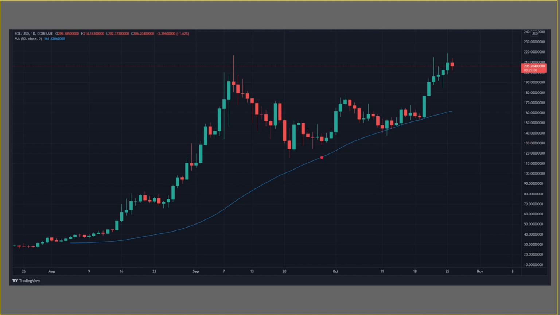At the same time, the 50 MA, or the 50 moving average, was about 120, because it's factoring in all of this data, the previous 50 candles before this, right? The average price is probably around here, give or take, because we have these lower prices here and these higher prices here. We're taking an average of this whole sample size, and then it is plotted on a line chart.